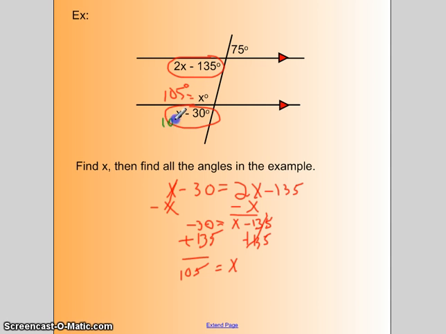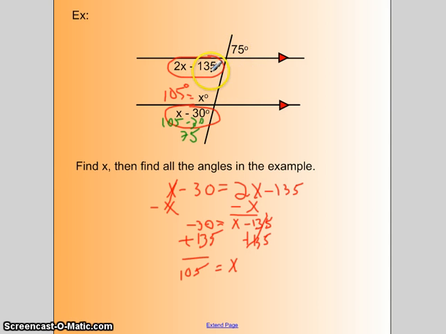So I'll take 105 minus 30. There's some bad handwriting there. And that's going to be 75? So notice that the alternate exterior angles would have given us 75 for that also.